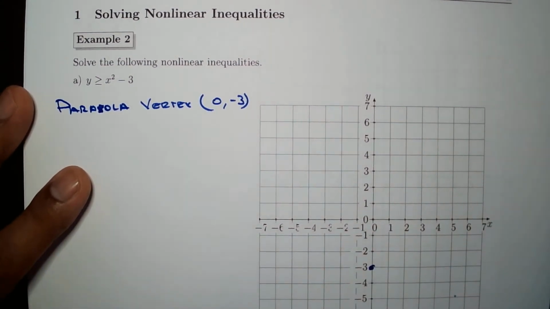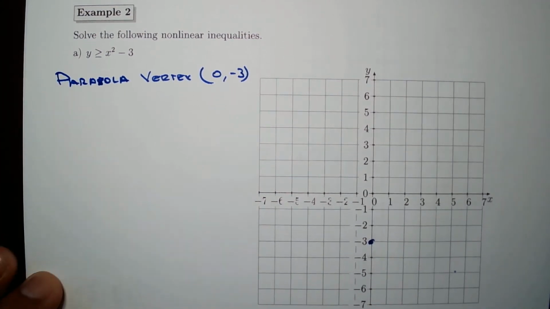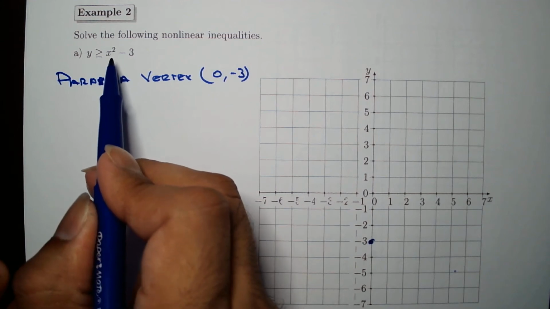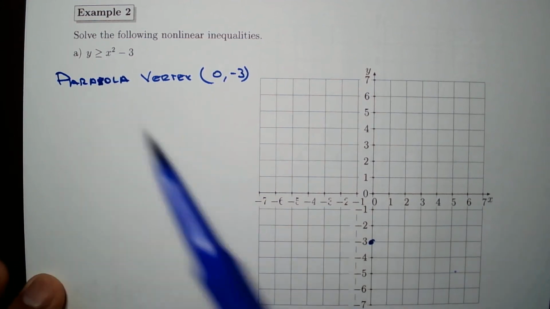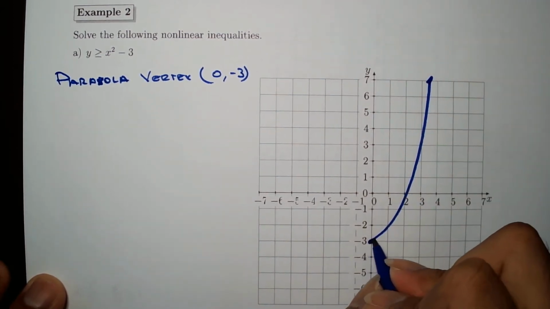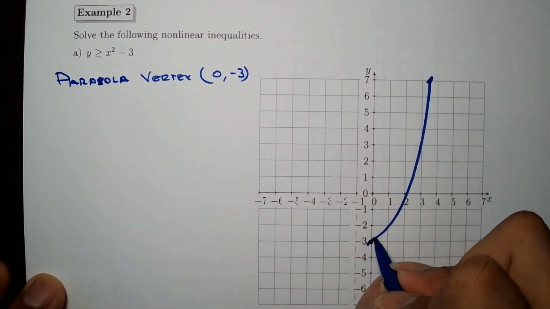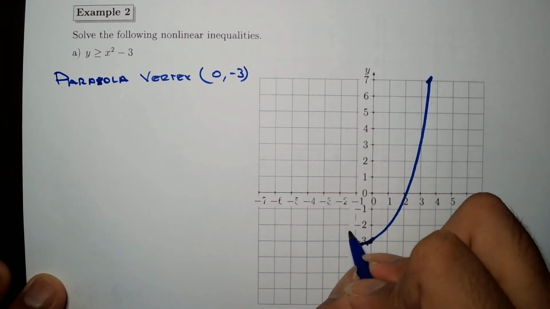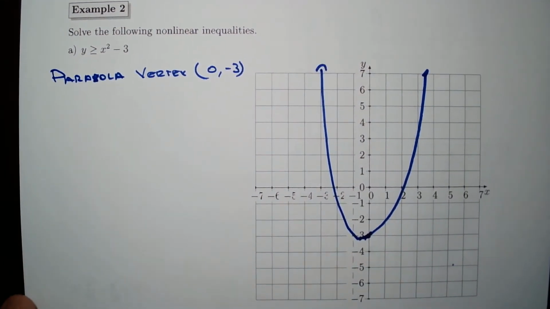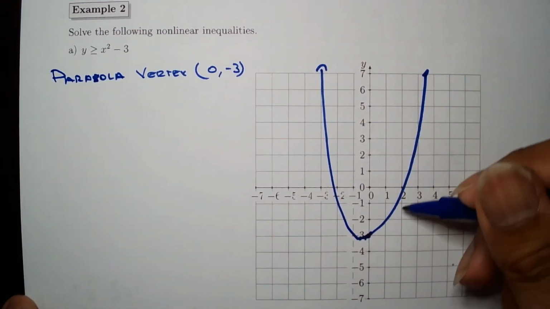That's where the vertex is. And in this case, this parabola opens up because the squared term is x, and it's also positive. So it's going to open, that's one point here, and that's the other one here.